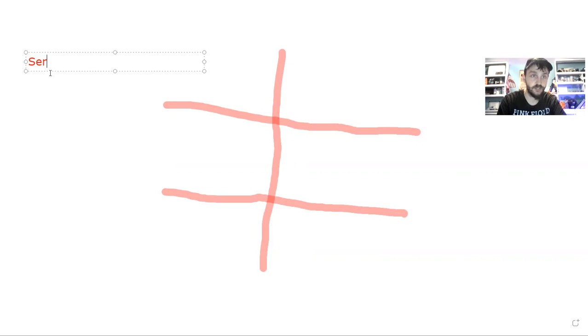So the conjugations for the verb ser, you've got yo soy, and this is the indicative present tense. Yo soy, tú eres. Él, ella y usted es.